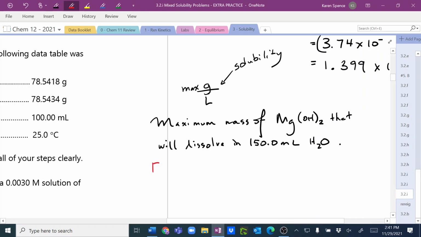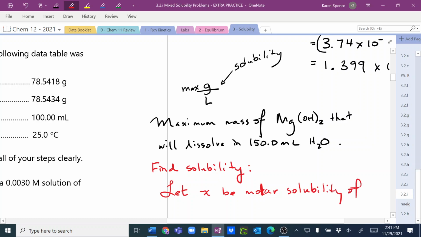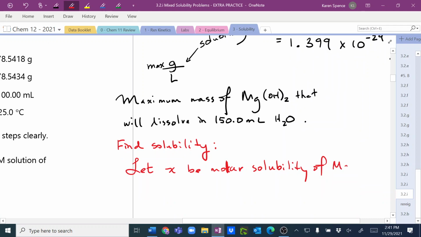And when we are finding the solubility, what is the first thing we do? Yeah, let X equal molar solubility of Mg(OH)2. Second thing we do, one of the things we always do, solubility equilibrium equation.